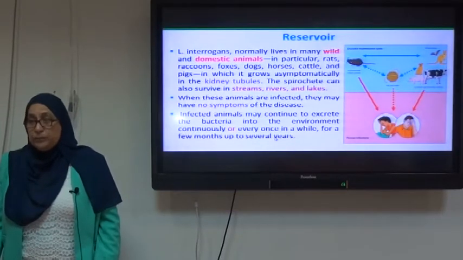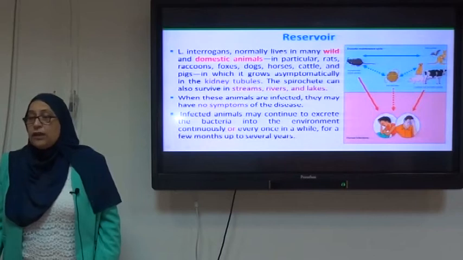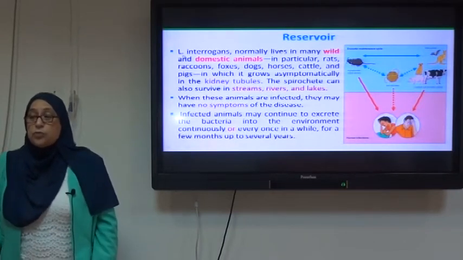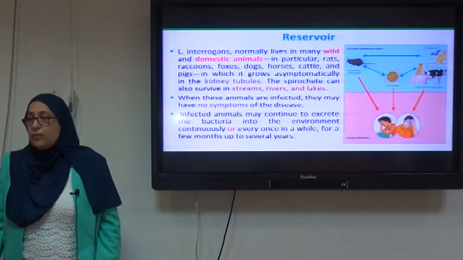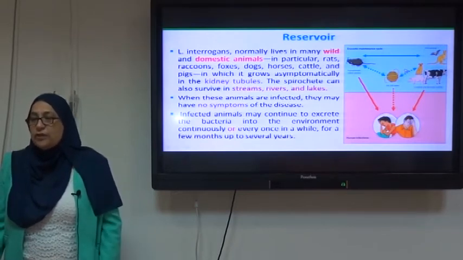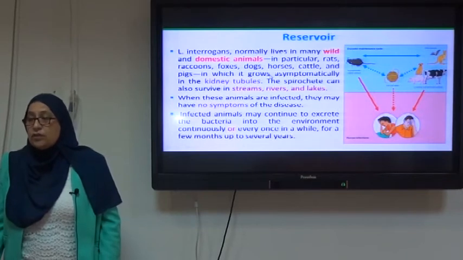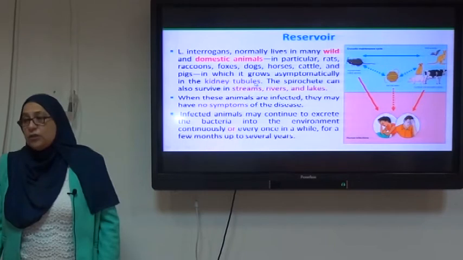The reservoir of this organism, the pathogenic strains Leptospira interrogans, live in wild animals and in domestic animals, particularly rat, horse, cattle, fox, and pigs, and so on. They grow asymptomatically in the renal or kidney tubules.